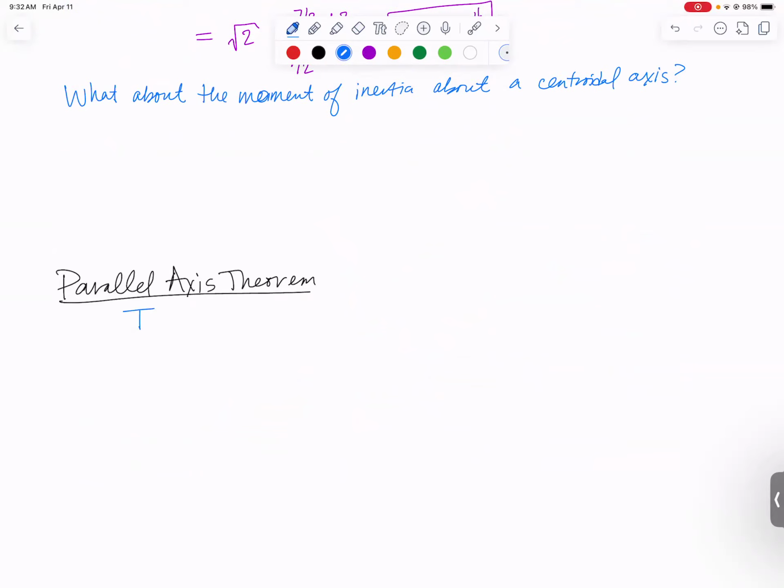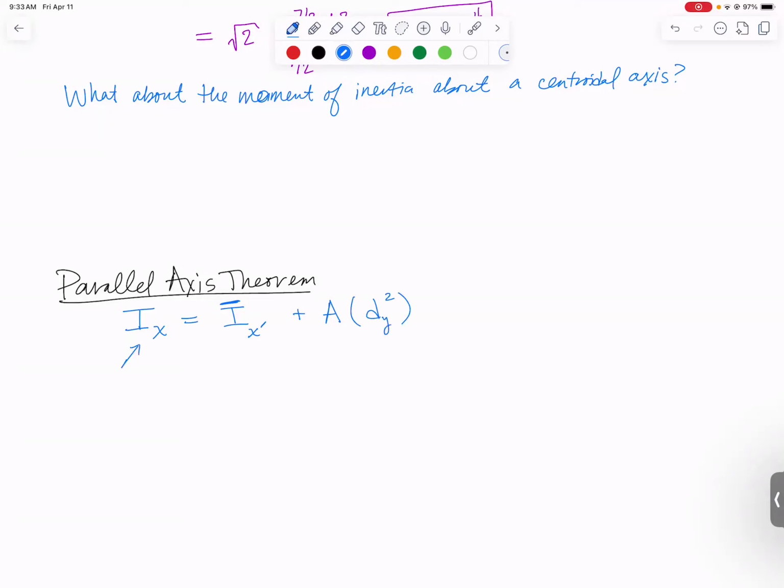The theorem says that the moment of inertia about an x-axis, you could do this for the y-axis as well, it's completely analogous, is equal to the moment of inertia, we call it I bar, and then we put a little x prime on it. And the thing you have to add to it is the area of the shape times a distance in the y direction, which we're going to square.